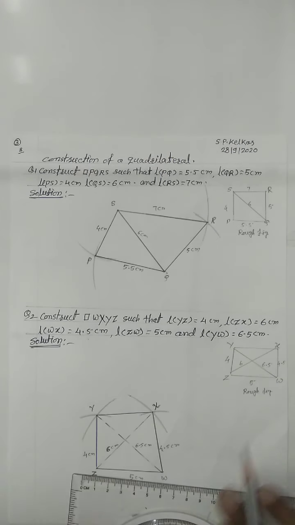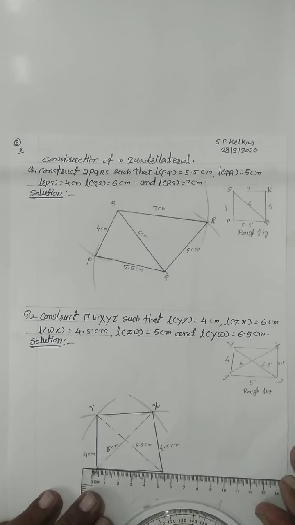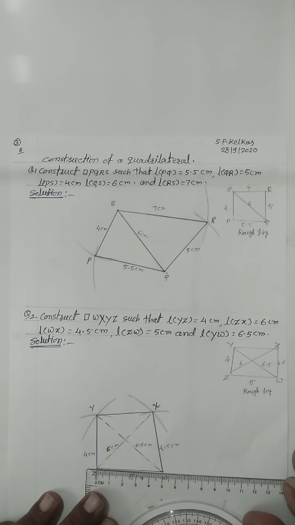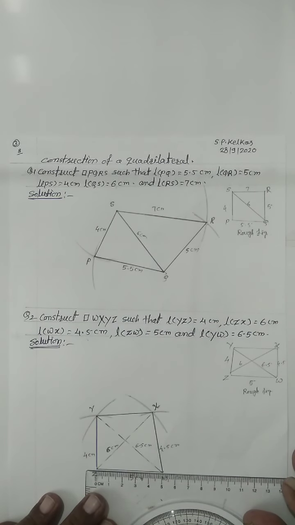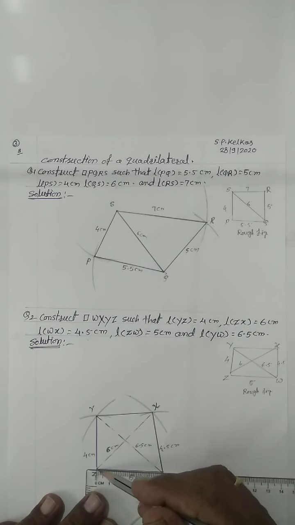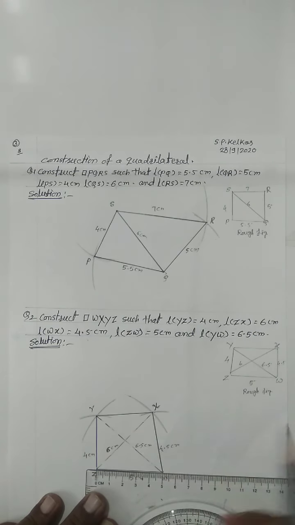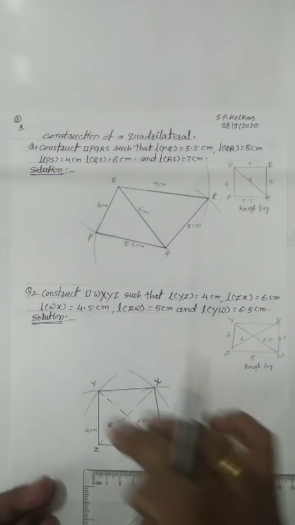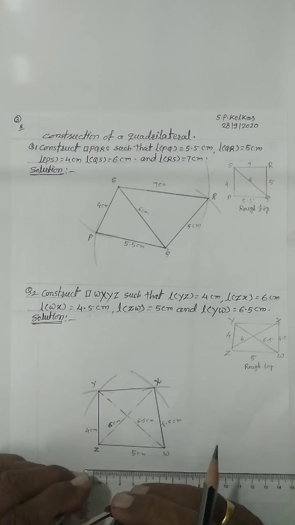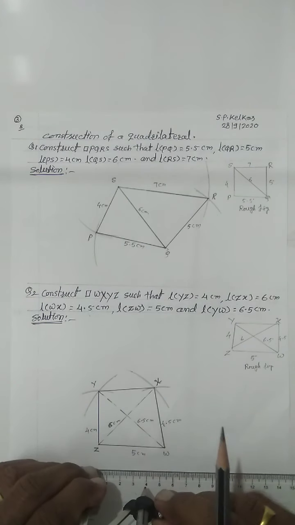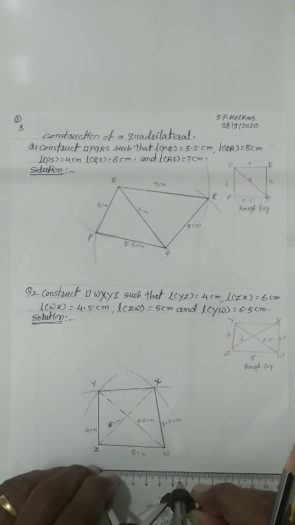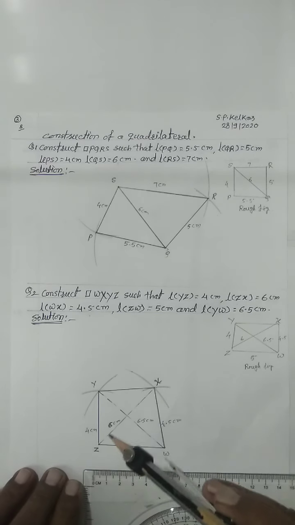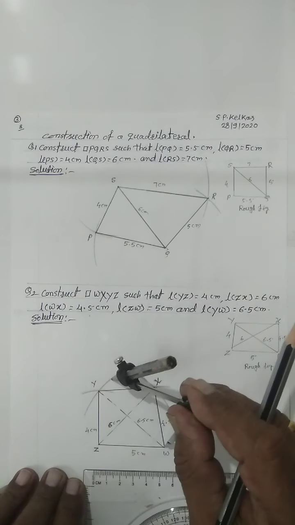Then draw one of the sides of the quadrilateral, ZW, that is 5 centimeter. Then take a distance WY 6.5, the length of the diagonal, and draw one arc.